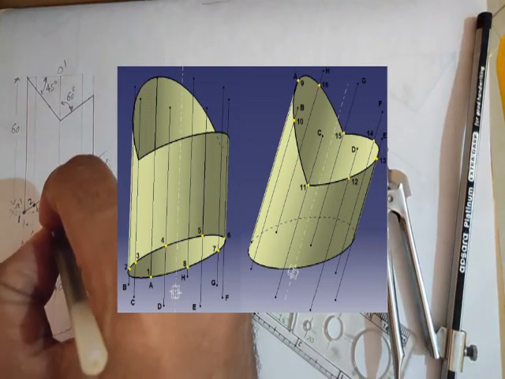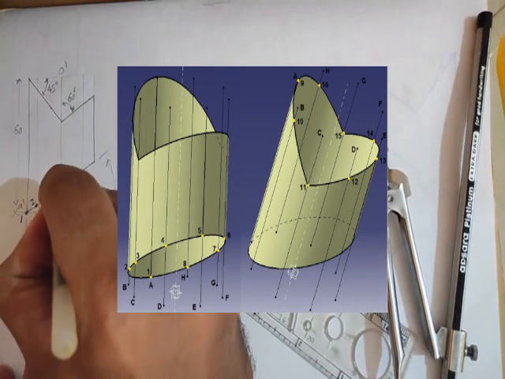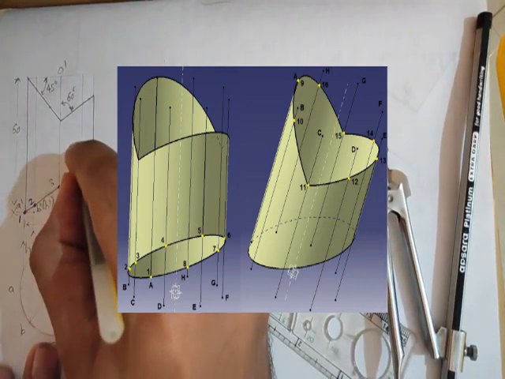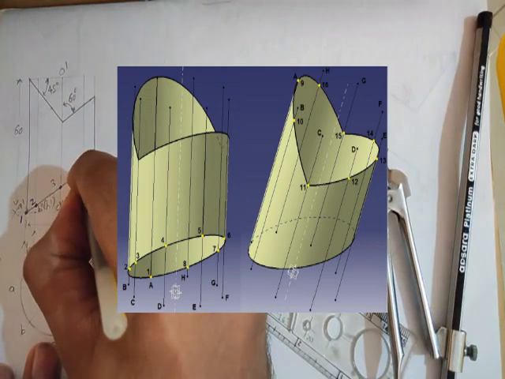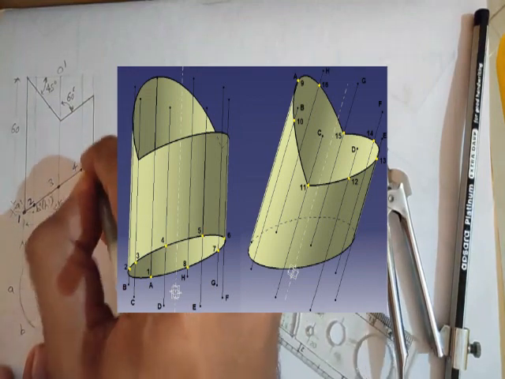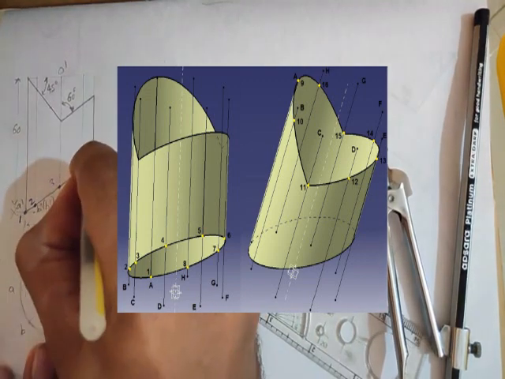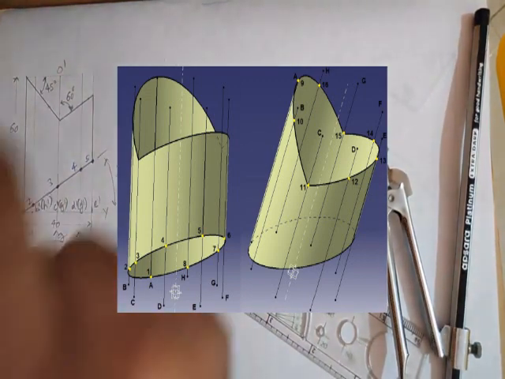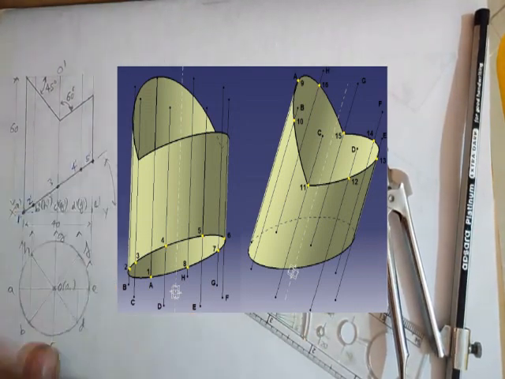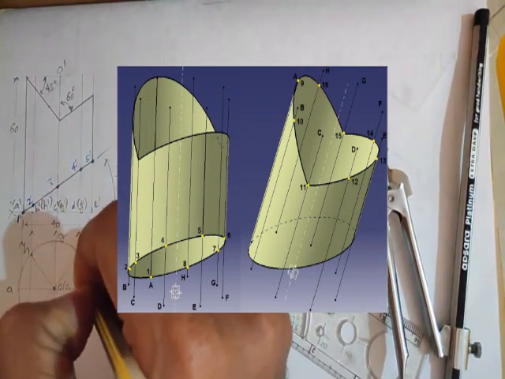Then it is cutting the generator C at this point, so I'll name this as 3. And then it is cutting the generator D at this point, I'll name this as 4. It is cutting the generator E at this point, I'll name this as 5. Since this is a front view, you can name it as 1 dash, 2 dash, 3 dash, 4 dash, 5 dash, or just 1, 2, 3, 4, 5 is good enough. Now 5 generators are taken care of.